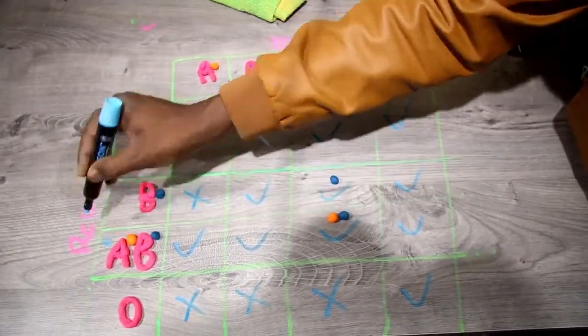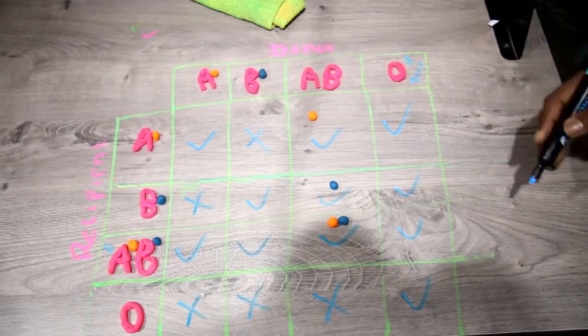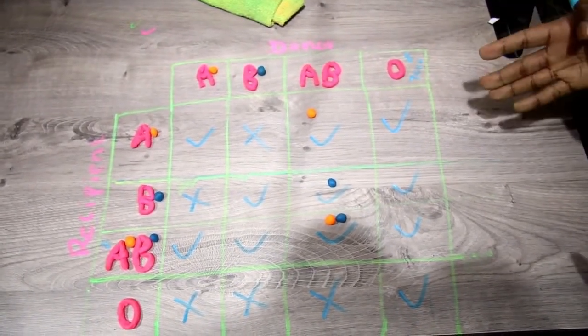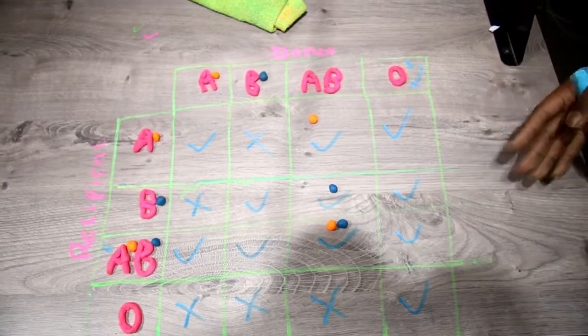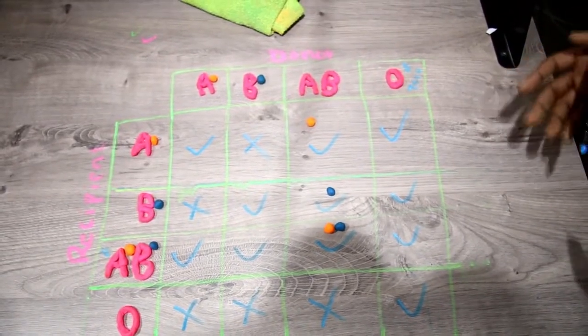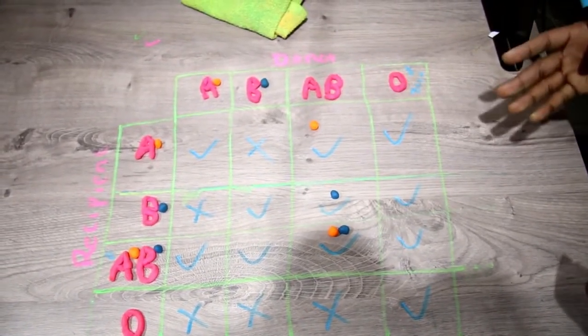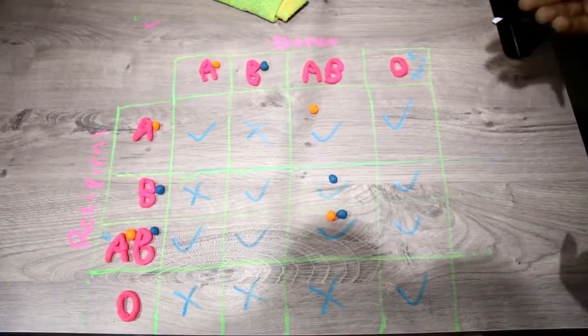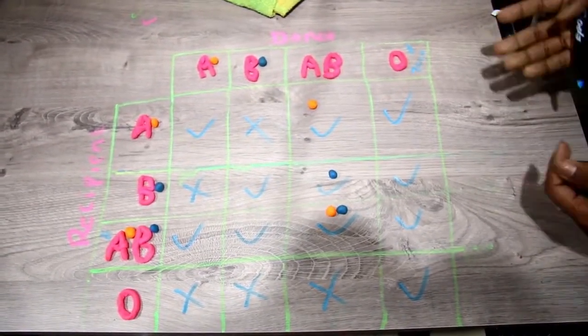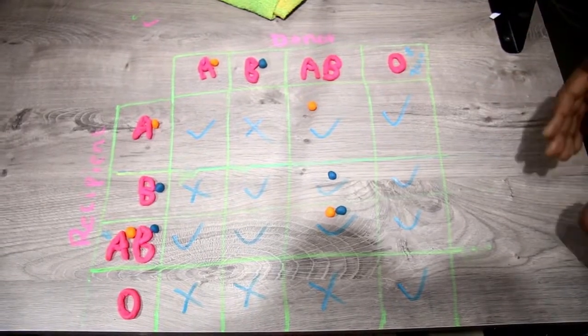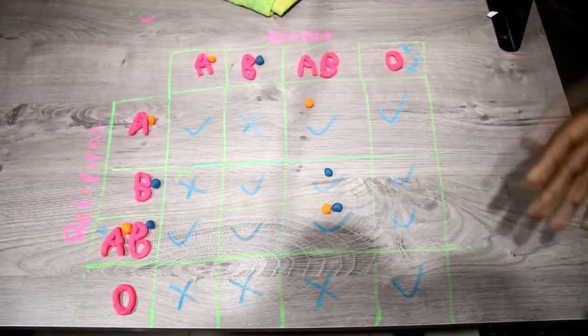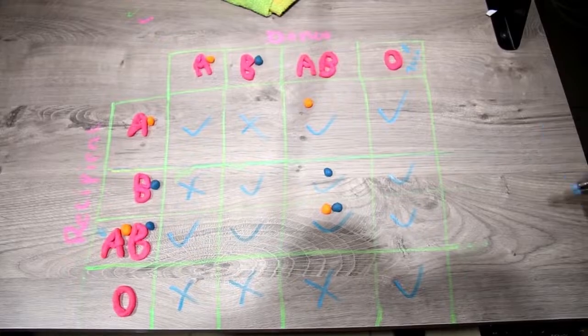So remember these two. In our next lesson, we can still break this down further, because we have something called rhesus factor. That will help us to identify more about the blood groups and also about the blood donors and the blood recipients.